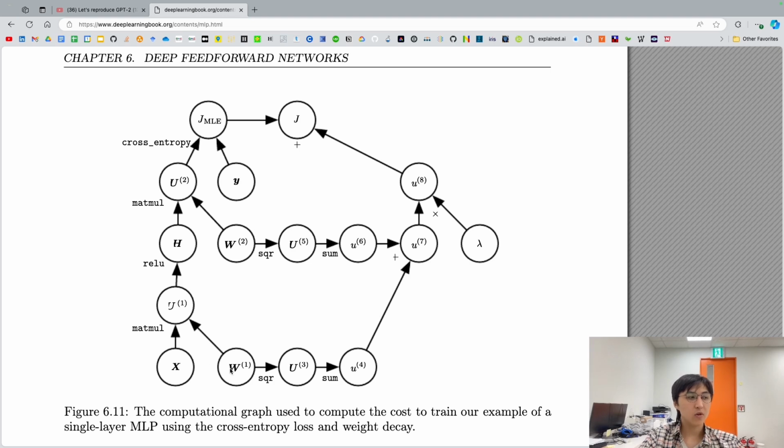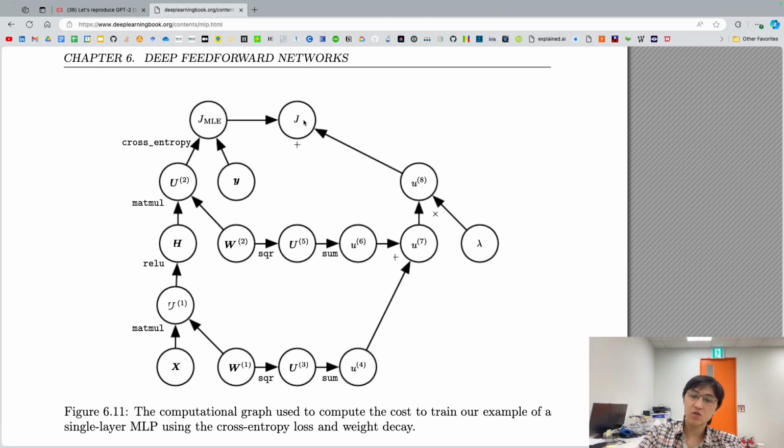We go this direction and calculate the cross entropy as a cost. But we also go another direction to calculate the regularization, and we sum this cross entropy and this regularization to get the final cost function.